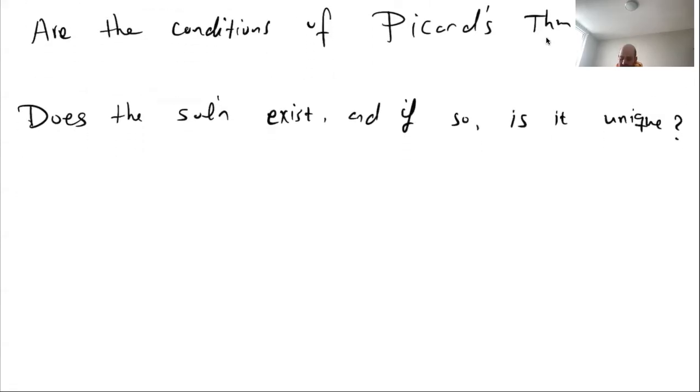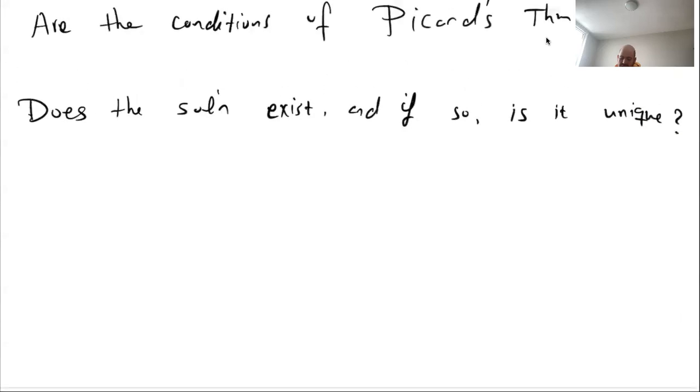All right, so in order to check the conditions of the theorem, we need to check continuity of f and continuity of the partial derivative of f with respect to y at the point 0 and 0, because it says that y of 0 is 0.